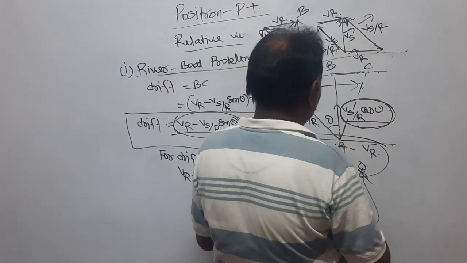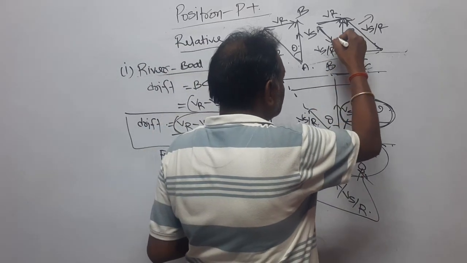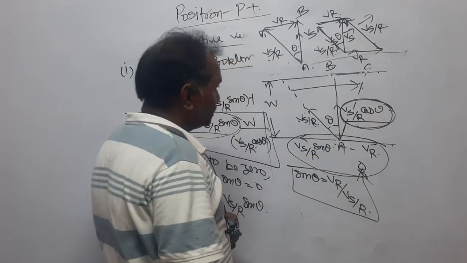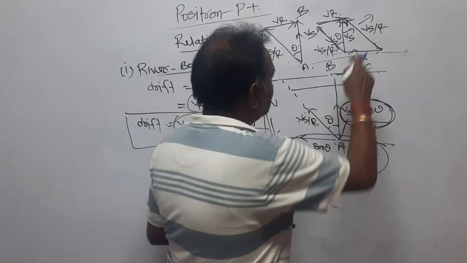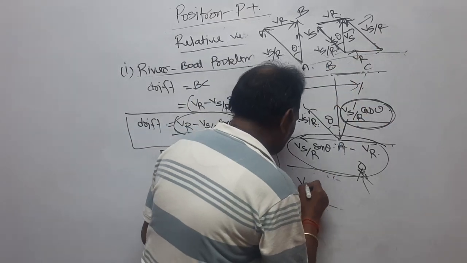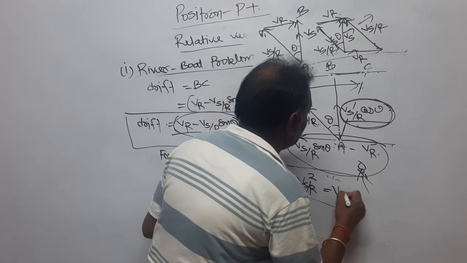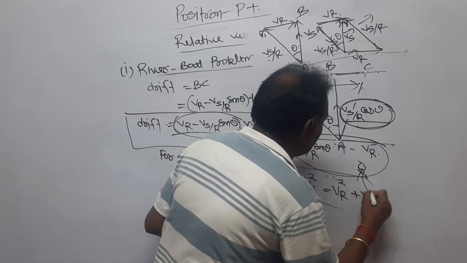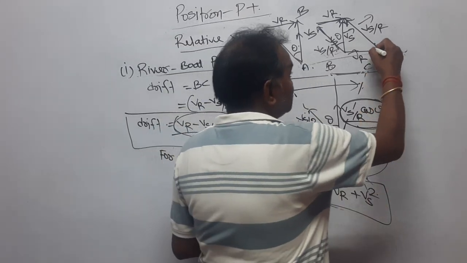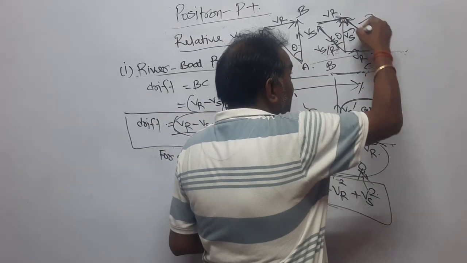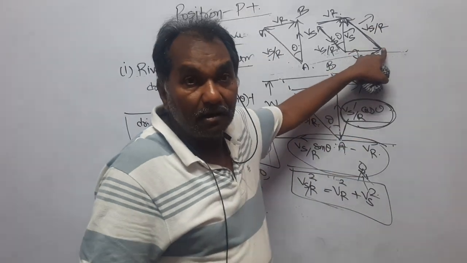From this graph we can write, look here, and this angle is theta, sine theta. Now dear student, from this graph you can write that VSR square is equal to VR square plus VS square. But if you apply the vector sum, the tail of VSR is kept at the head of river, VR.